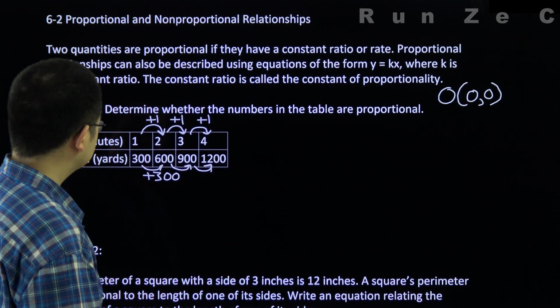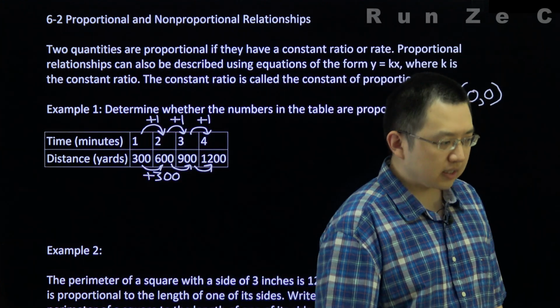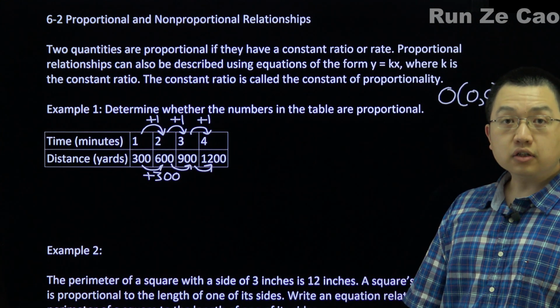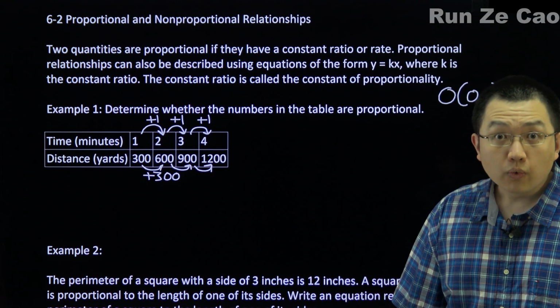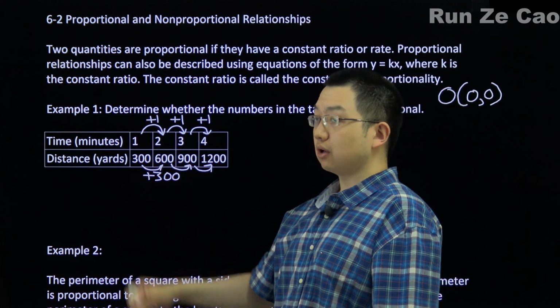So, is this enough to prove that these numbers are proportional? The answer is no, because you don't have a point 0, 0 here.